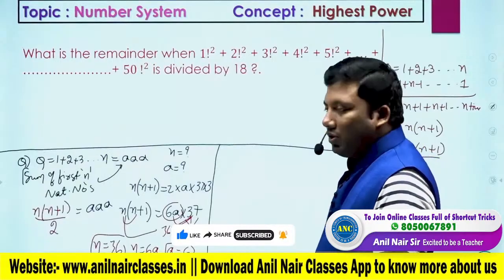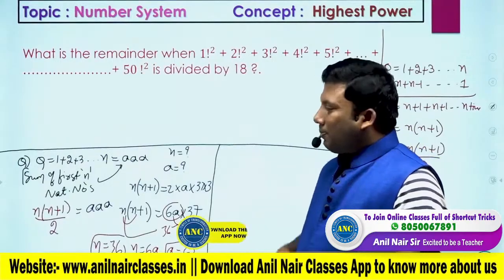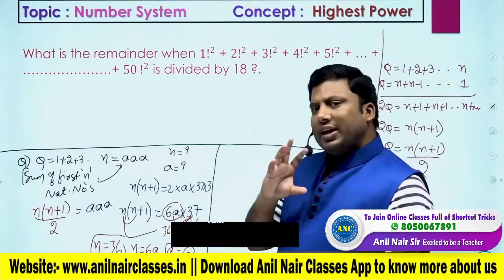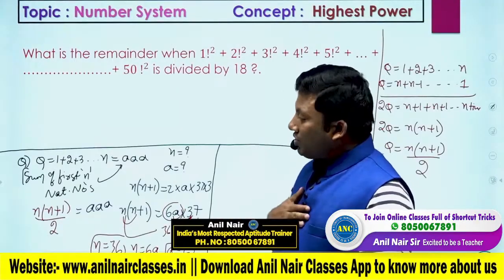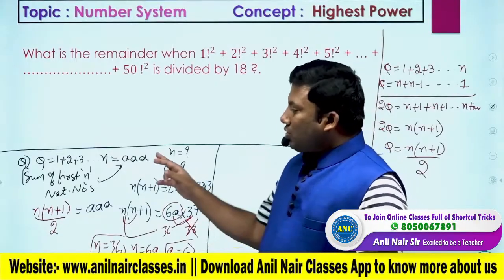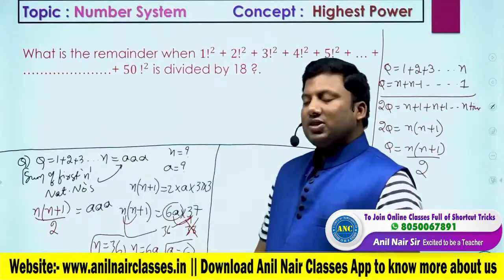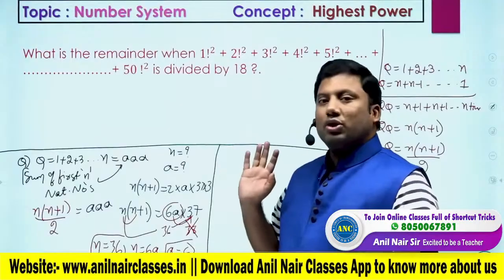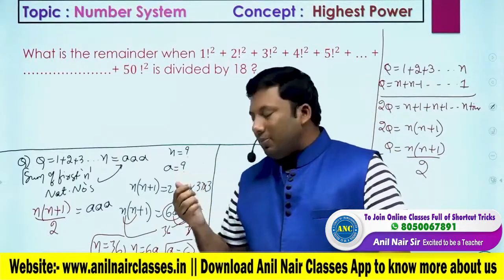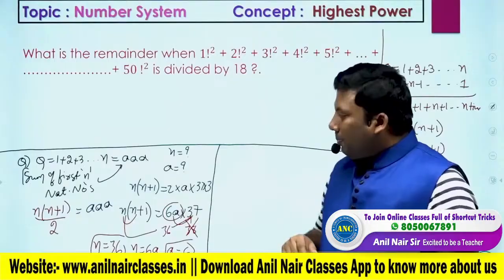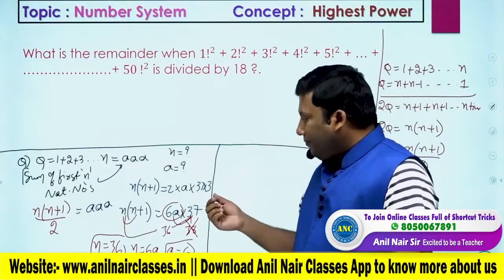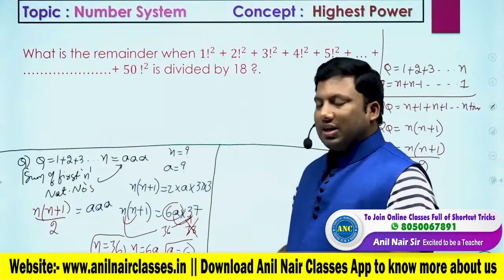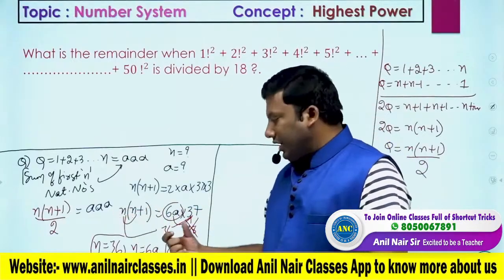Q equivalent to 1 plus 2 plus 3 and so on up to n. It seems like a cryptarithmetic question where we are decoding the variables into numerical values. The sum is n into n plus 1 by 2, and it is a triple A. Cross multiplication: 2 into triple A. Triple A can be written as A into triple 1, and triple 1 is 37 into 3. 2 into 3 is 6, 6 into A, 6A. 6A into 37, and these both are consecutive numbers.